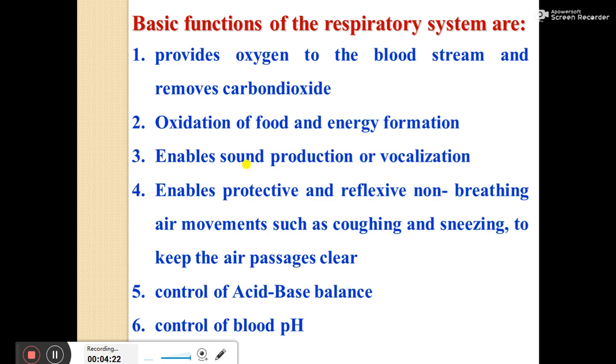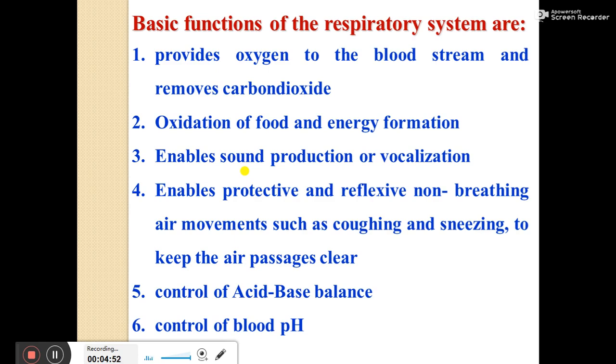There is a part called the larynx which helps in sound production. Next, it enables protective and reflexive non-breathing air movements such as coughing and sneezing. Why do coughing and sneezing take place? To keep the air passage clear. Next is control of the acid and base balance of the blood, and the last is control of blood pH.